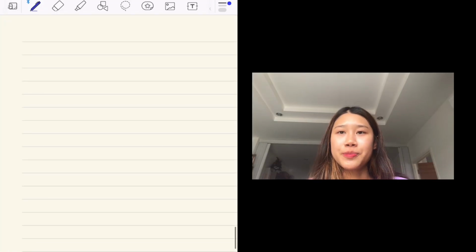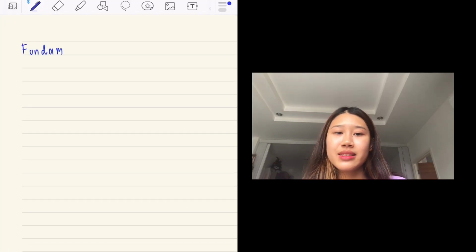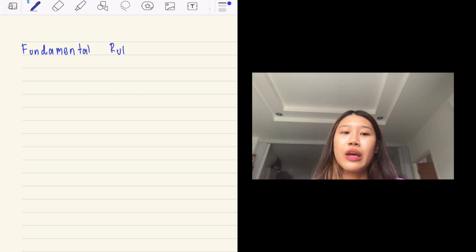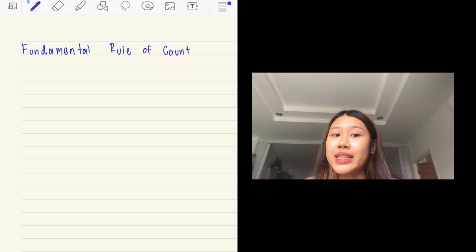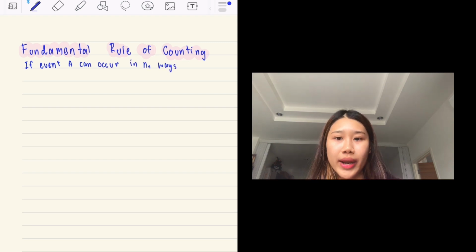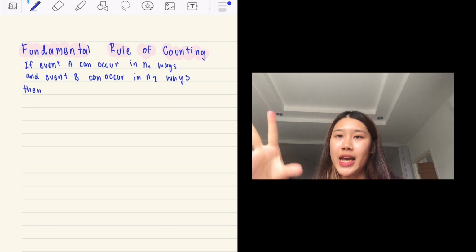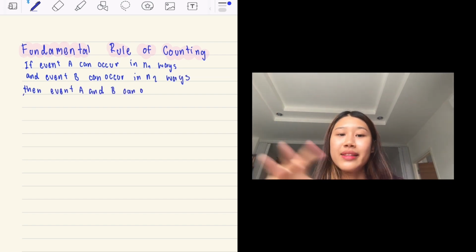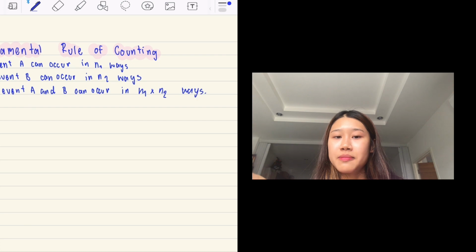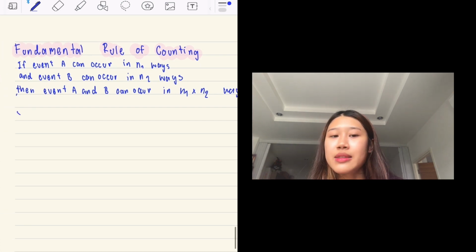Now the last lesson for today is the fundamental rule of counting. Let's say if event A can occur in n1 ways and event B can occur in n2 ways, then events A and B can occur in n1 times n2 ways.